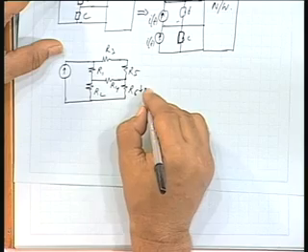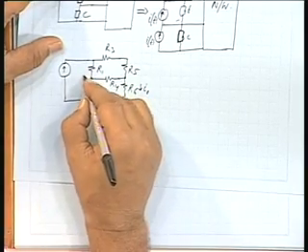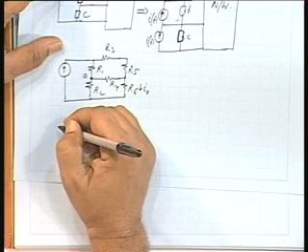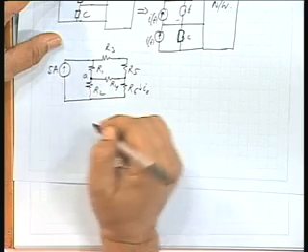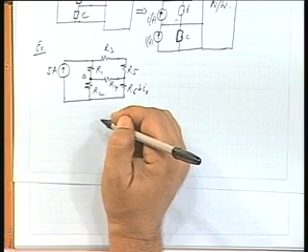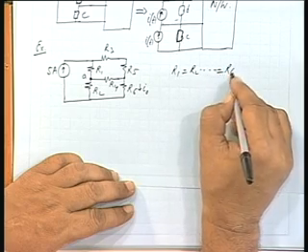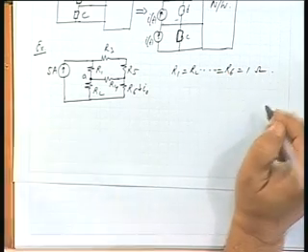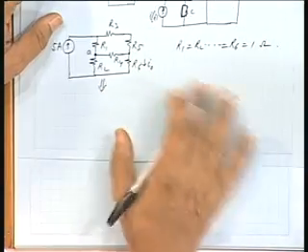You are required to calculate the current I0 through R6. Let us mark this particular point as A. This is a 5 ampere current source, and all the resistor values are unity, 1 ohm.